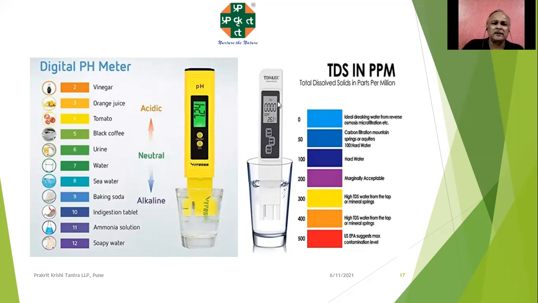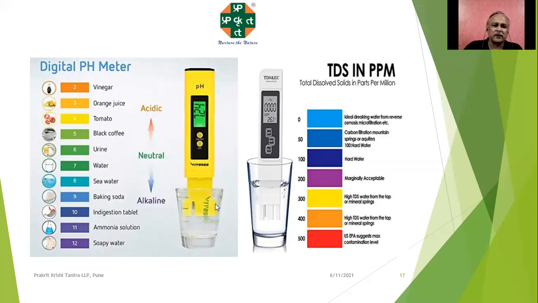So this determines the electrical conductivity of the water, and these two factors are two sides of the coin basically. pH will determine the EC level and the EC level will determine the pH level. So these are independent phenomena in the soil, but they complement each other basically.